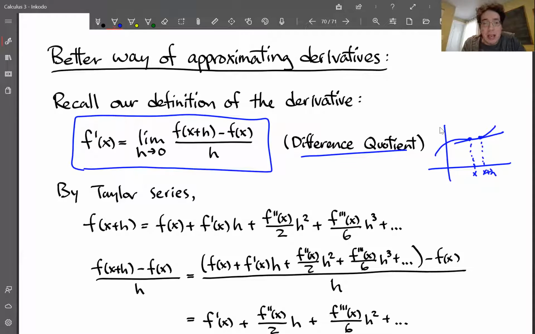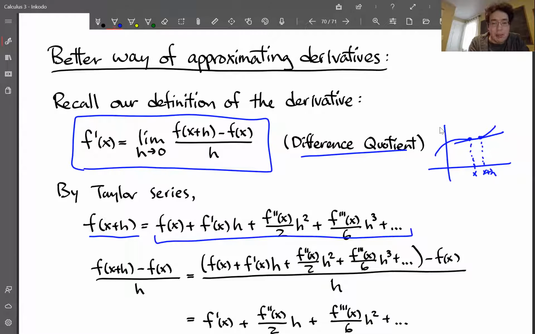So let's see what the error for this kind of approximation is if we have to pick an h that's not going towards 0. So we're picking an h that's close to 0, but not quite 0. So we know how this function looks using Taylor series. If you plug in a point x plus h into the Taylor series formula, this is what we get.